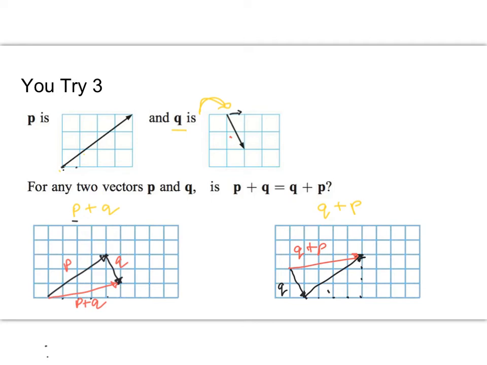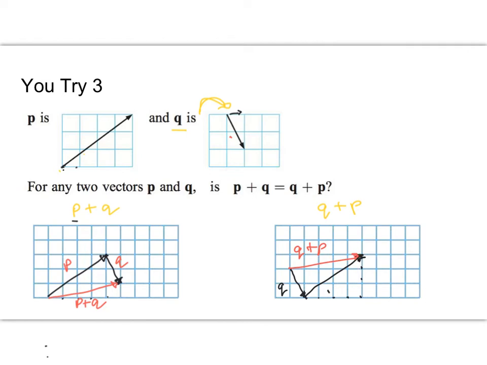Now, it might look different because it's in a different spot. Where's that laser when I need it? But if you look at it, it's pointing in the same direction. It moves 1, 2, 3, 4, 5 to the right, up 1. This one moves 1, 2, 3, 4, 5 to the right, up 1.